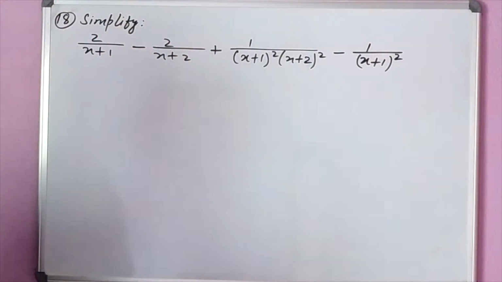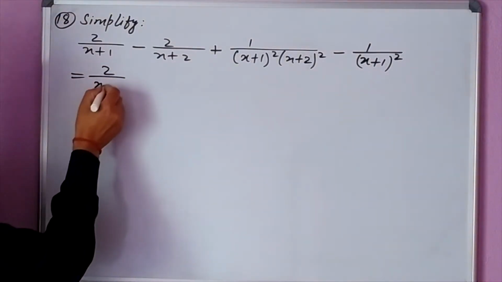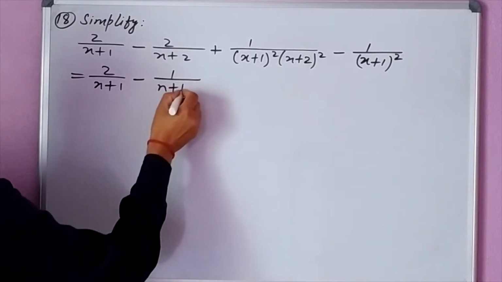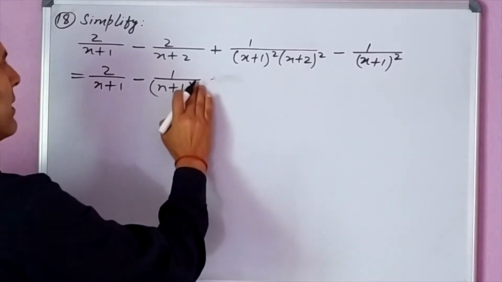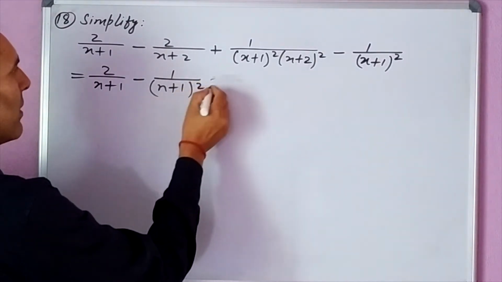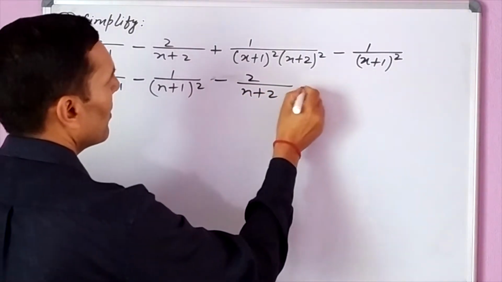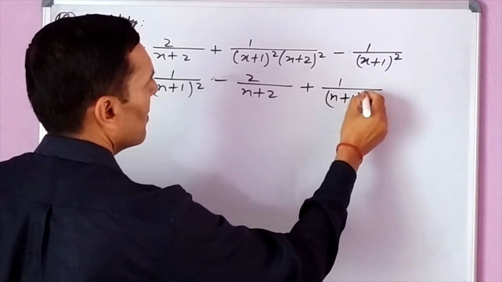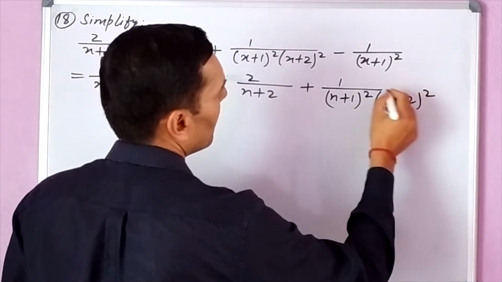So I am keeping here this 2 upon x plus 1 and minus 1 upon x plus 1 whole square together, and these other two terms as they are, minus 2 upon x plus 2 plus 1 upon x plus 1 whole square times x plus 2 whole square.